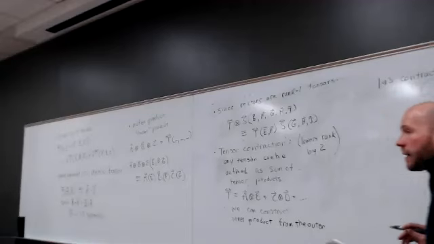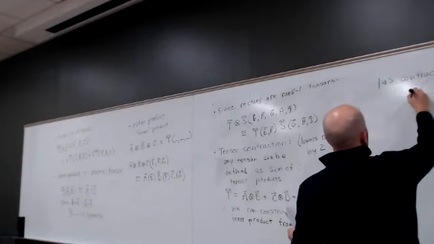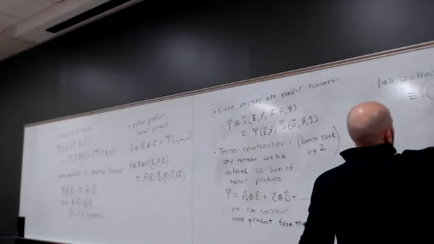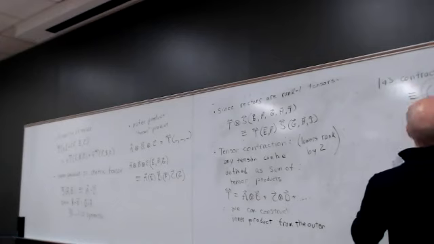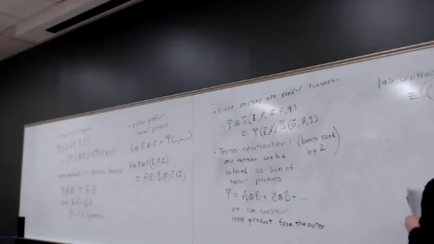If I contract on slots 1 and 3 of this rank 3 tensor, I define that as being A dot C times B plus E dot G times F, and so on and so forth.